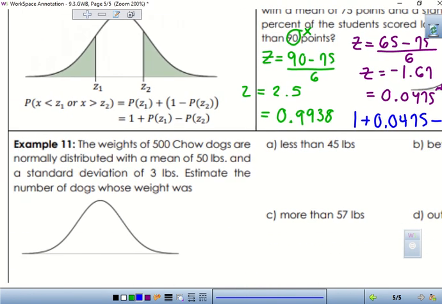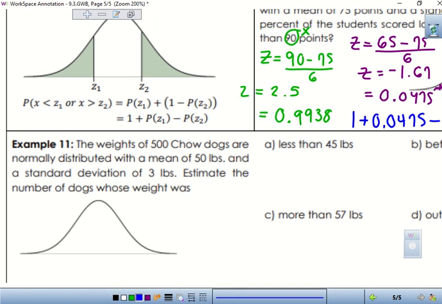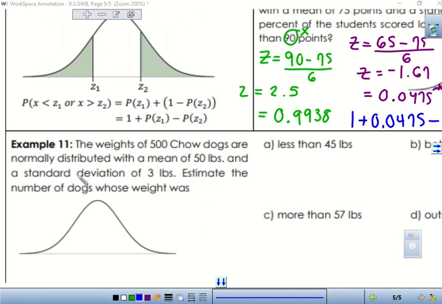The weights of 100 chow dogs are normally distributed with a mean of 50 pounds and a standard deviation of 3 pounds. Estimate the number of dogs whose weight was, so we're basically just doing 4 different calculations here, less than 45 pounds. So these are all your x values.